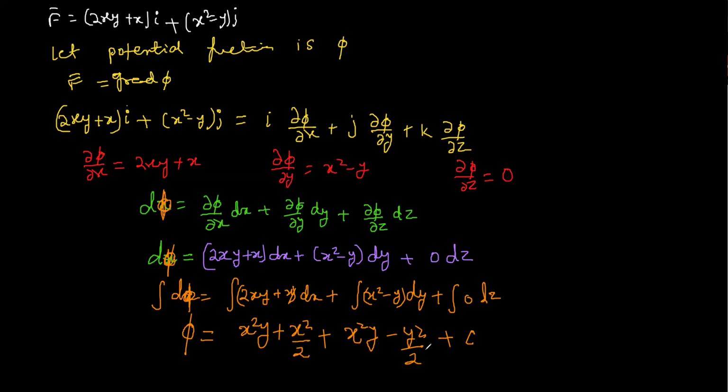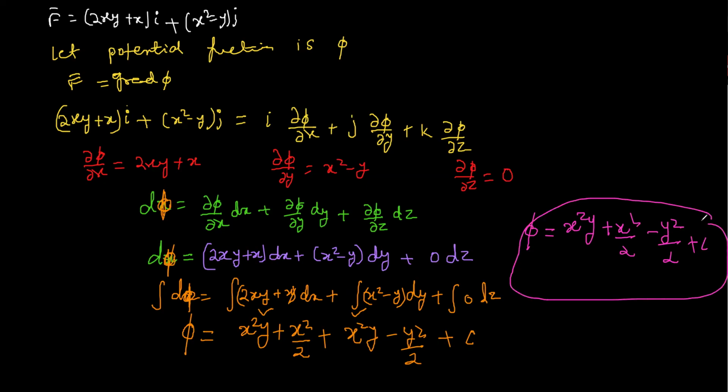Okay. So whenever any two things are repeated, write it only one time. Final answer will be x square y plus x square by 2 minus y square by 2 plus c.